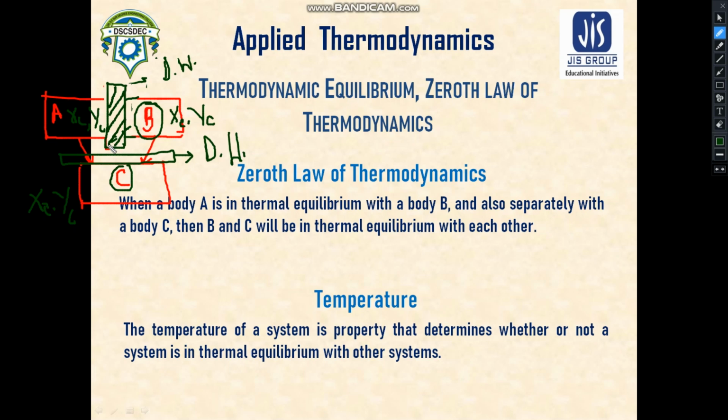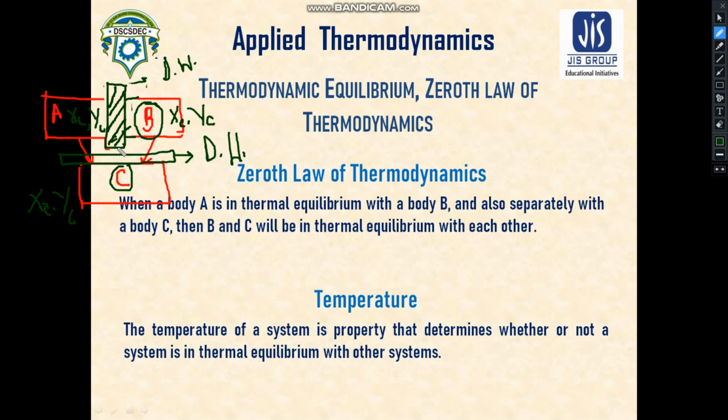Now you place a third system with a diathermic wall which allows heat and other energy transfers so that the individual systems A and B can reach equilibrium conditions with system C. So we are talking about thermal equilibrium here. Okay, so you know the conditions of thermal equilibrium.